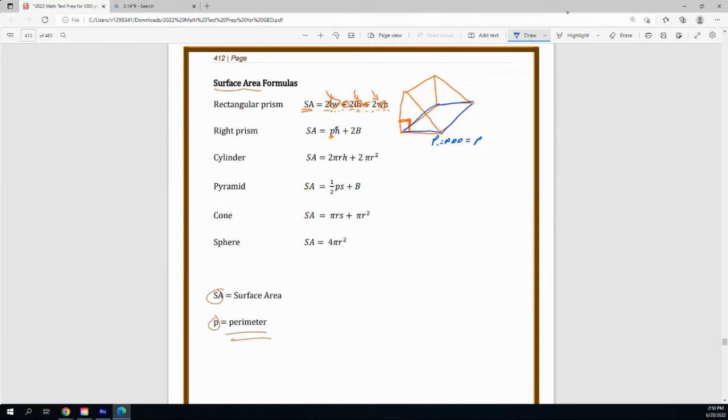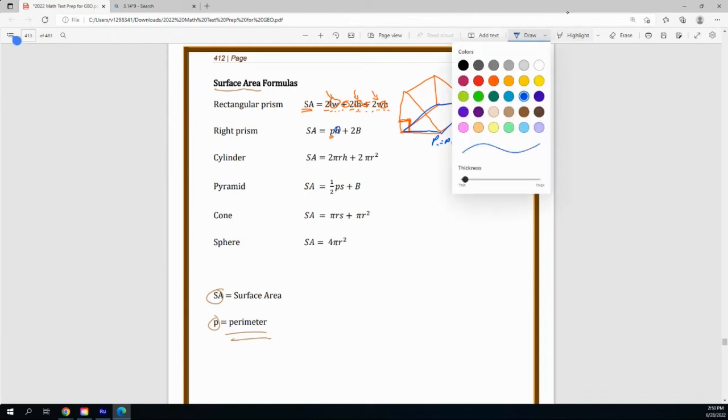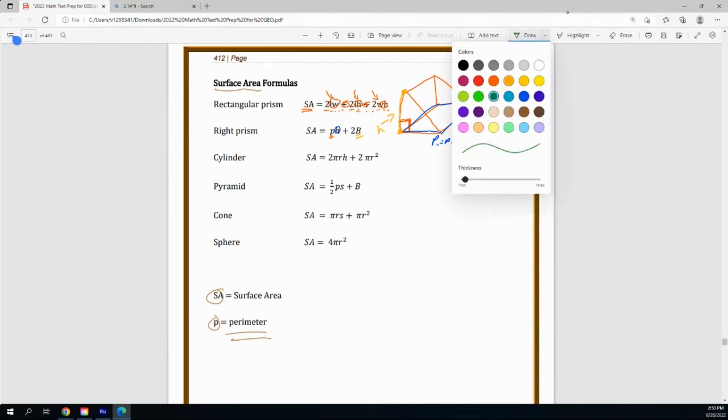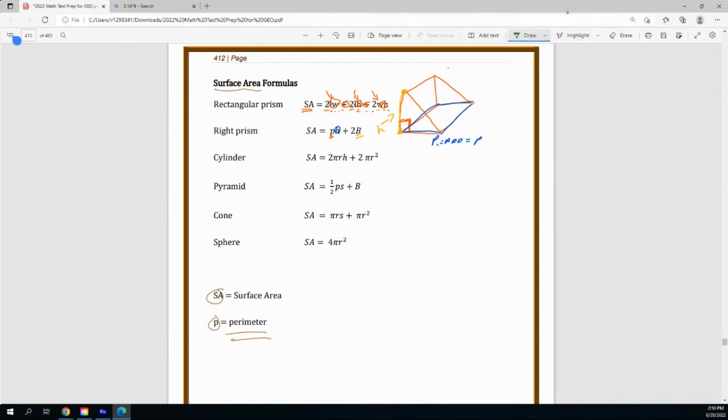I'm going to take H. H is usually defined from the base, the lowest point, to the highest point. Big B, again, is the area of the floor. So you remember I take P and I put it around that blue.